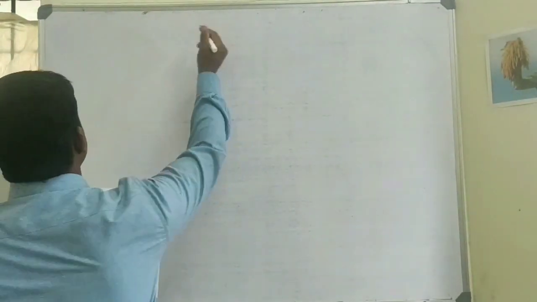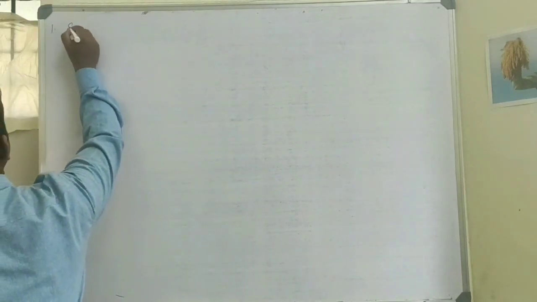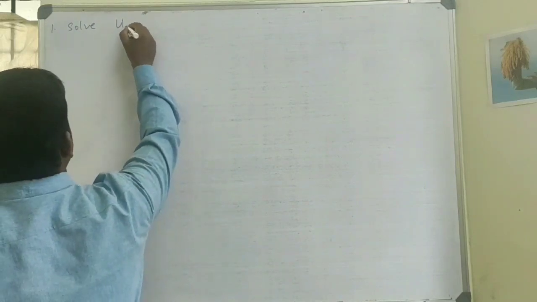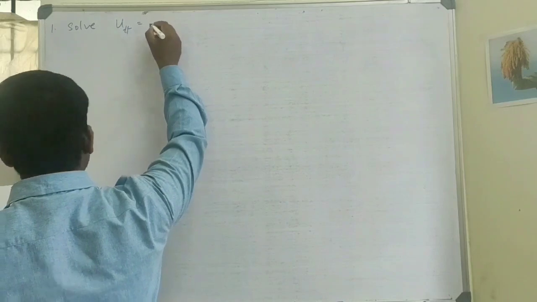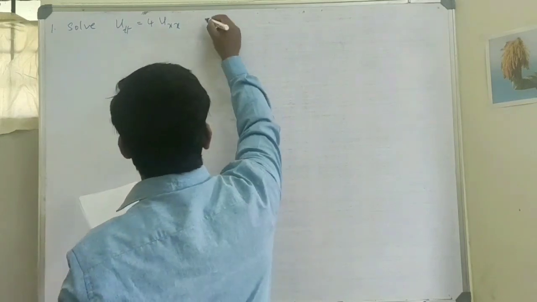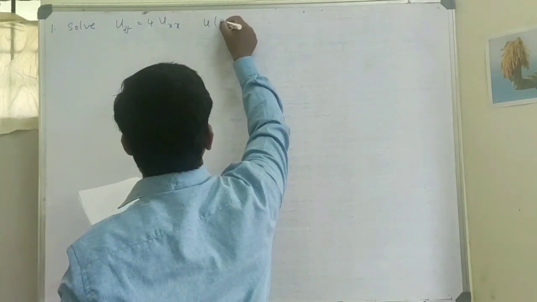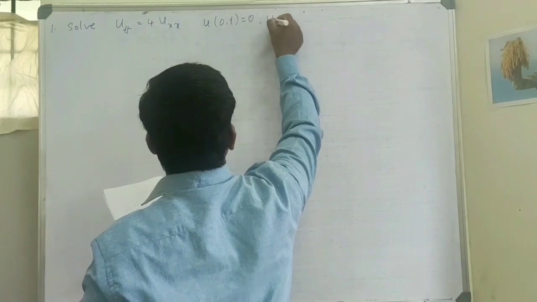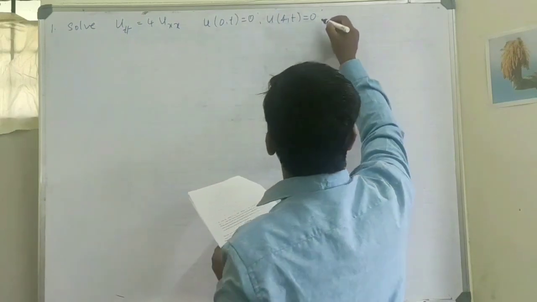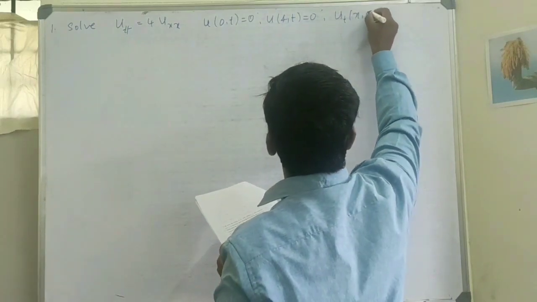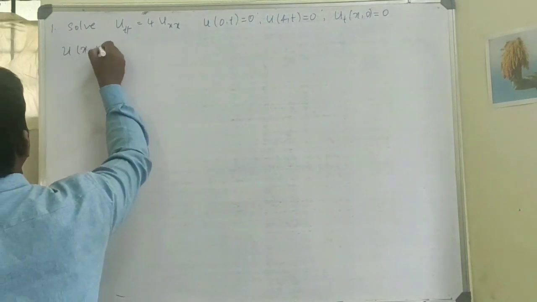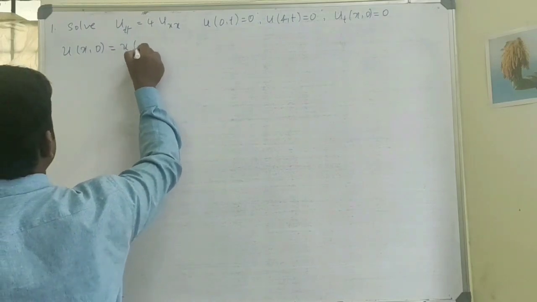Solve the wave equation u double t equal to 4 into u double x, subject to the conditions u of 0 comma t equal to 0, u of 4 comma t equal to 0, u t of x comma 0 equal to 0, u of x comma 0 equal to x into 4 minus x.